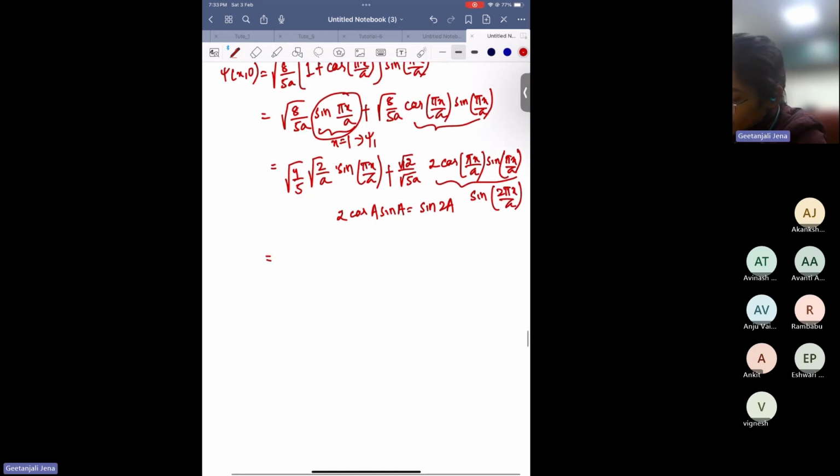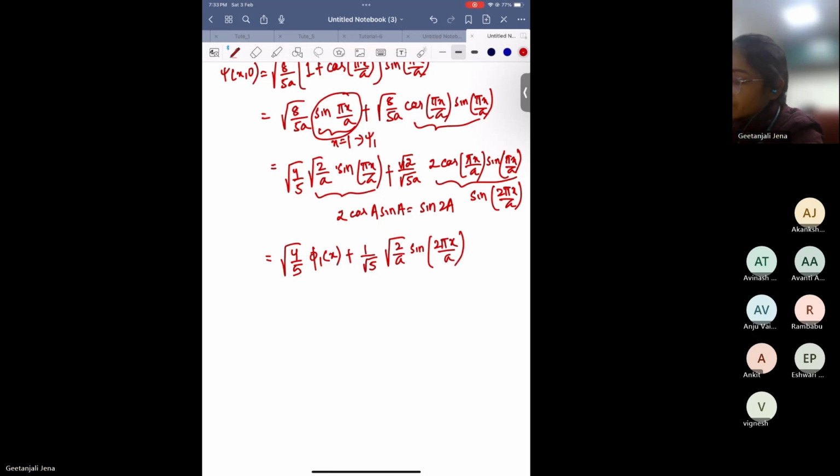So the final form will be root over of 4 by 5 times, let's say, phi 1 of x, and this is 1 by root over of 5 times root over of 2 by a sine 2 pi x by a.